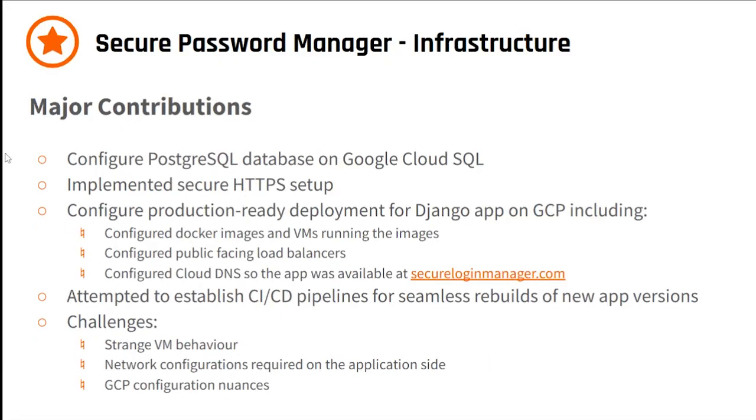So, my major contributions to this project were, again, just for infrastructure: configuring the database on Google Cloud SQL, implementing the HTTPS setup, and configuring the cloud-ready deployment for Django.